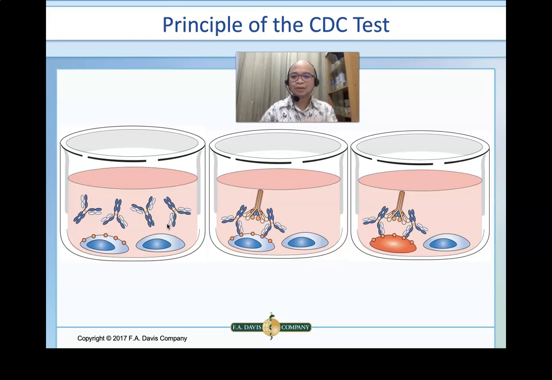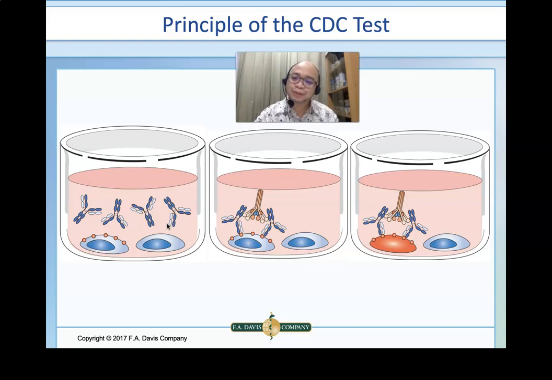So you have to screen. You'll be harvesting the lymphocytes, and I think the specimen you can utilize here is a buffy coat or blood. Then you have a solution that will allow you to harvest the lymphocytes of the donor, and they will also be matched with the lymphocytes of the recipients.